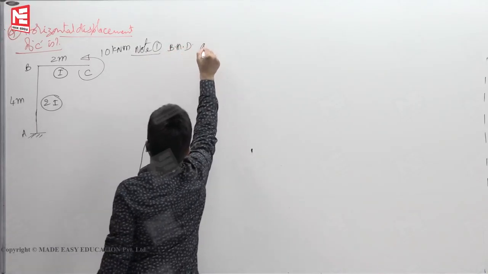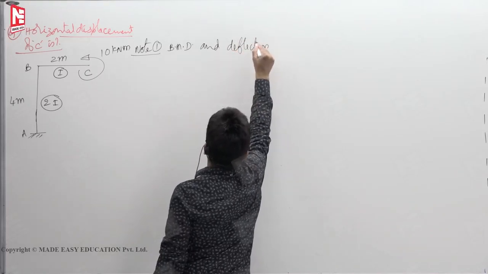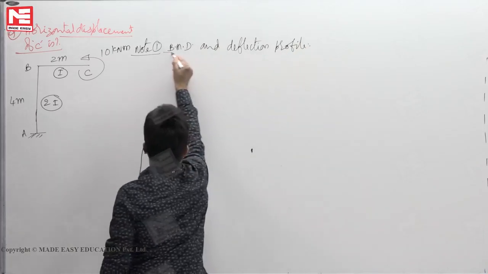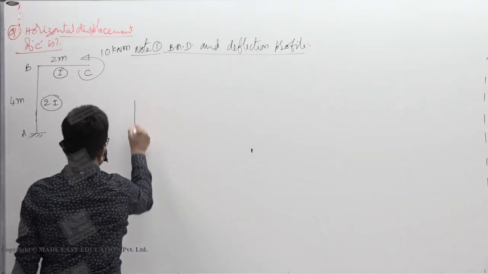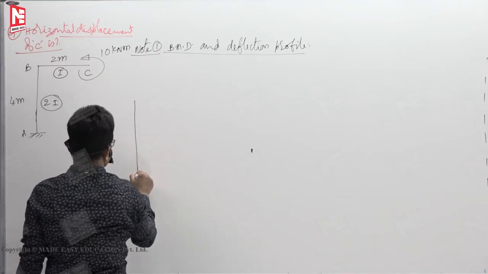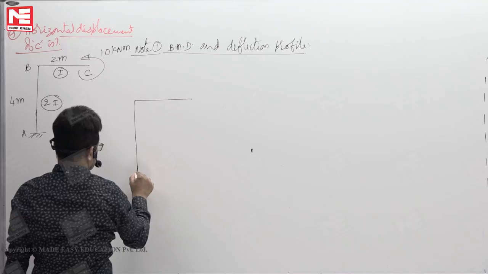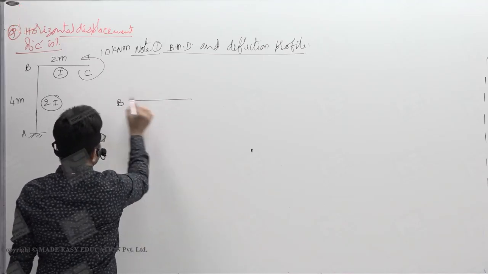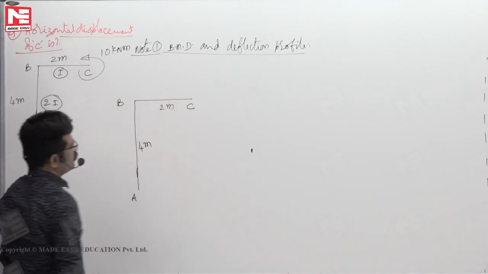Bend-Newman diagram and deflection profile. This is our beam, right? A, B, C. This is 2 meters, this is 4 meters, right?